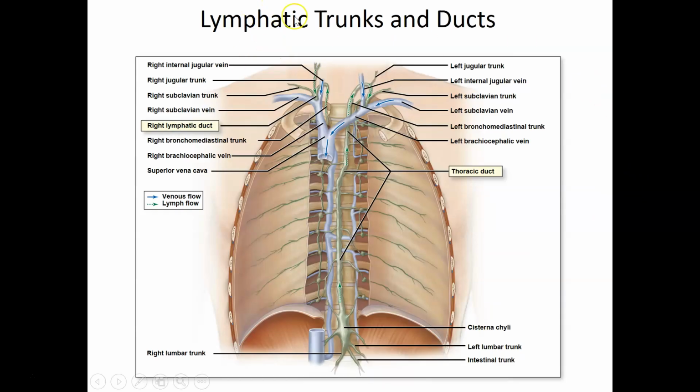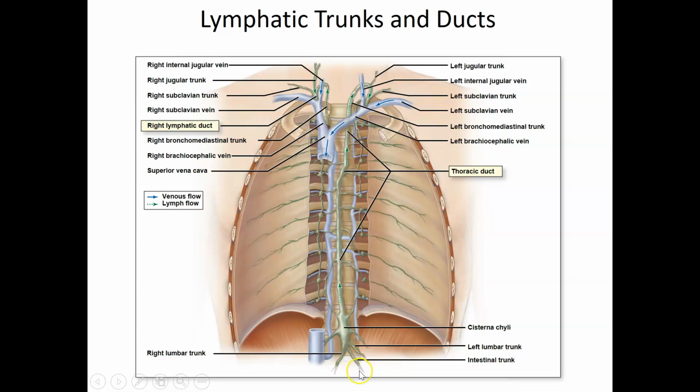Okay, so that's shown on this slide. First of all, just showing the anatomy of the trunks and the ducts. So let's start at the inferiormost here. Here is the intestinal trunk. This is the one that's not paired.